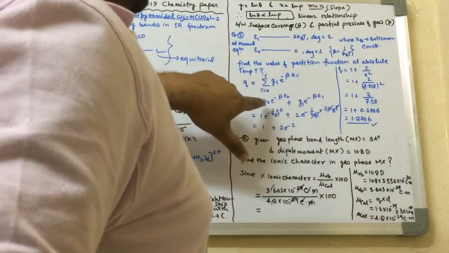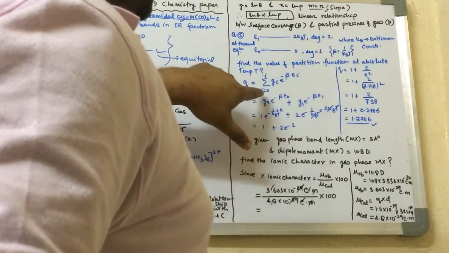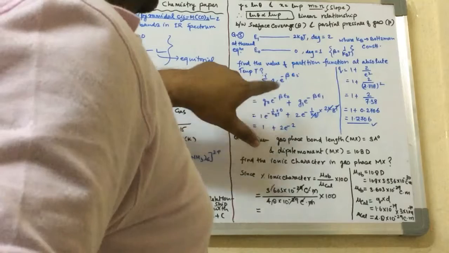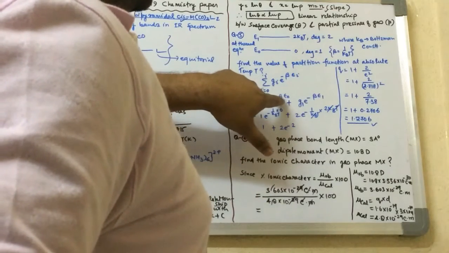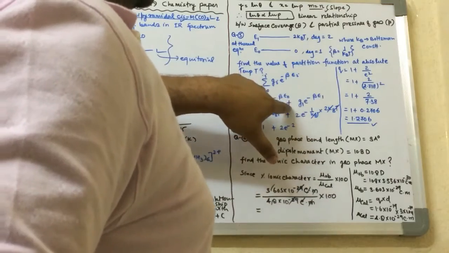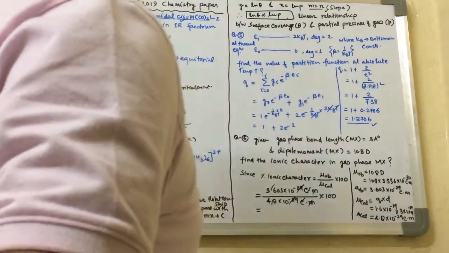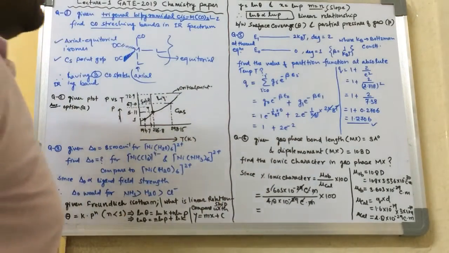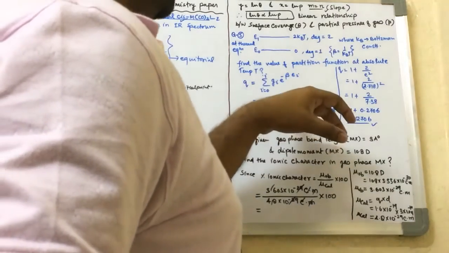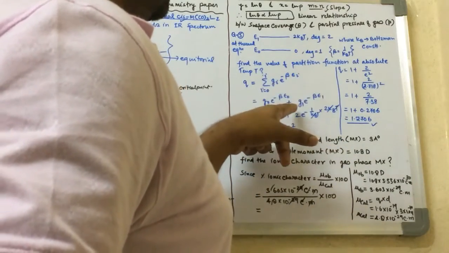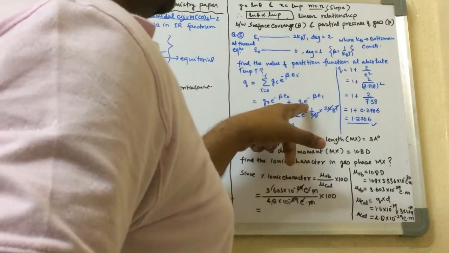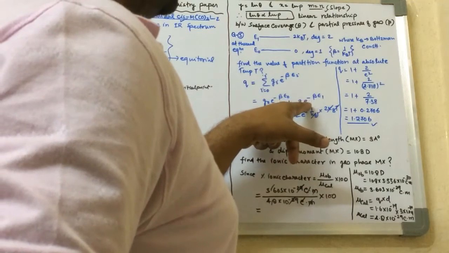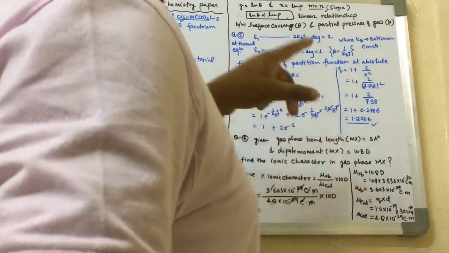So if you open the summation, you will get g0 e to the power minus beta epsilon 0, plus, because the summation is open, plus the second term, g1 e to the power minus beta epsilon 1.